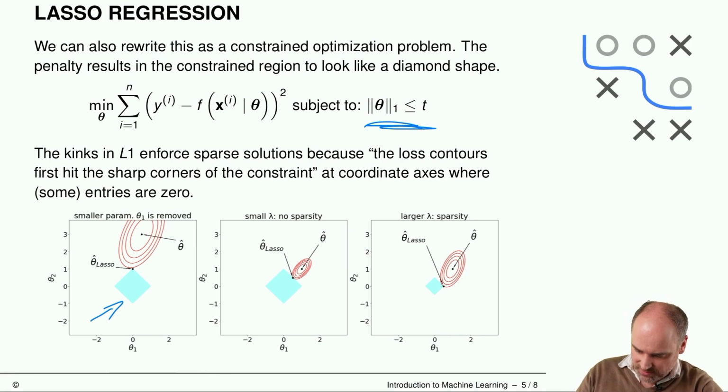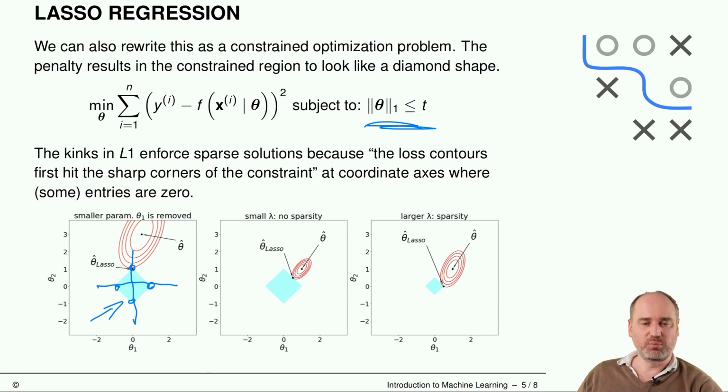Pretty obviously, if you look at the coordinate axes, these corners are located at points where one or multiple coefficients, in higher dimensional spaces which I can't really visualize here, are exactly 0. Of course this doesn't always have to happen, but it can happen. So this is usually what we mean when we say using the L1 penalty induces sparsity in our resulting vector.